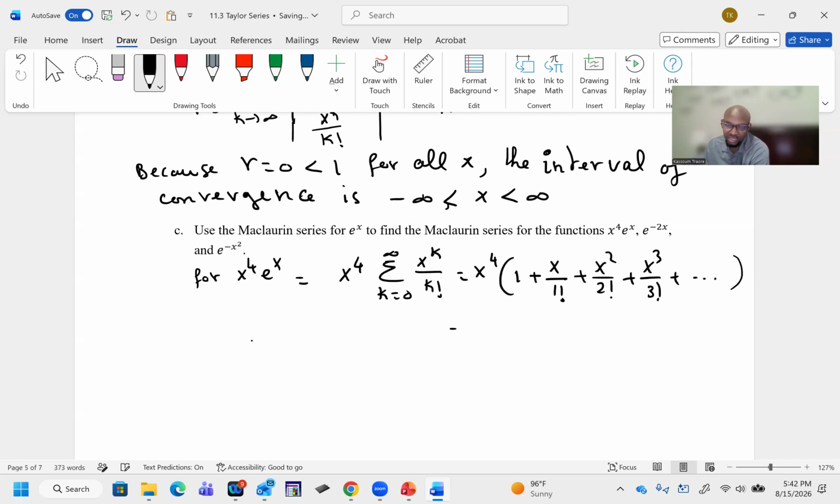Which will give us x to the power of 4 plus x to the power of 5 divided by 1 factorial plus x to the power of 6 divided by 2 factorial plus x to the power of 7 divided by 3 factorial.